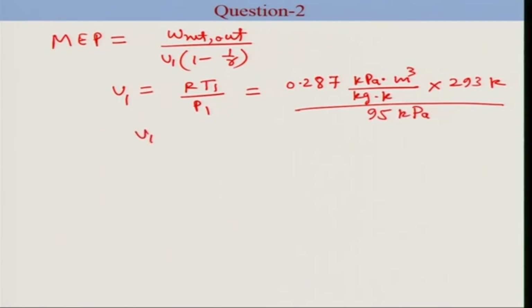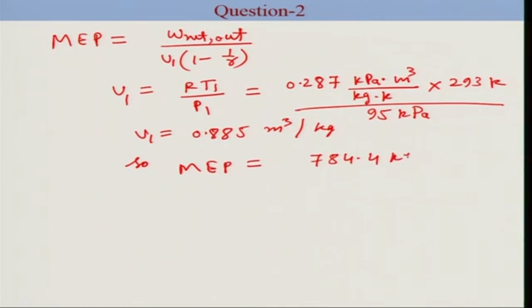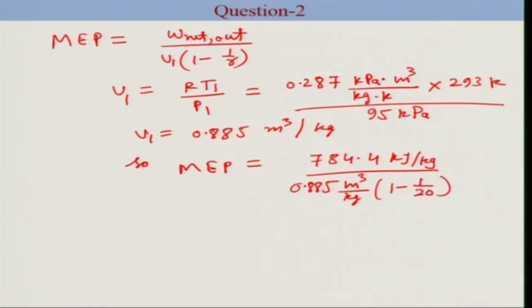So from here we get V1 equal to 0.885 meter cube per kg. So after plugging this, MEP will be equal to 784.4 kilojoule per kg upon 0.885 meter cube per kg times (1 minus 1 by 20).